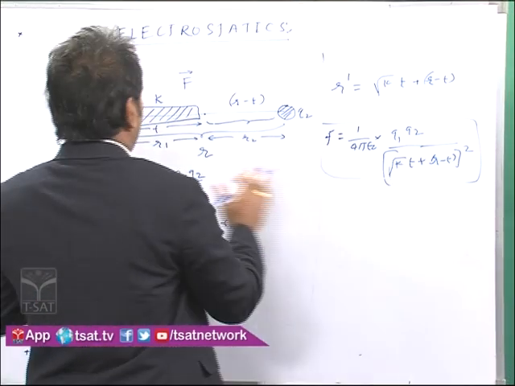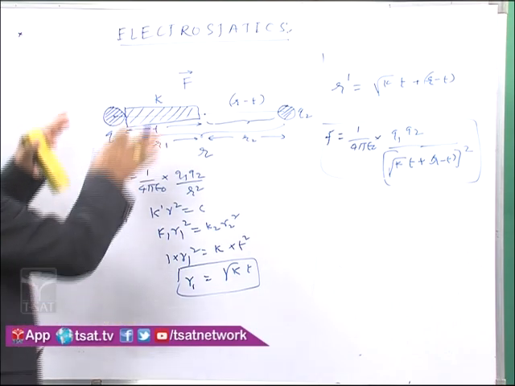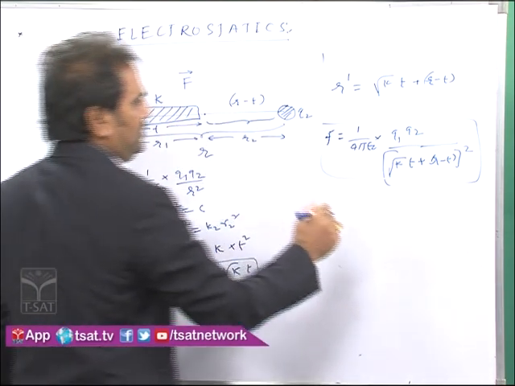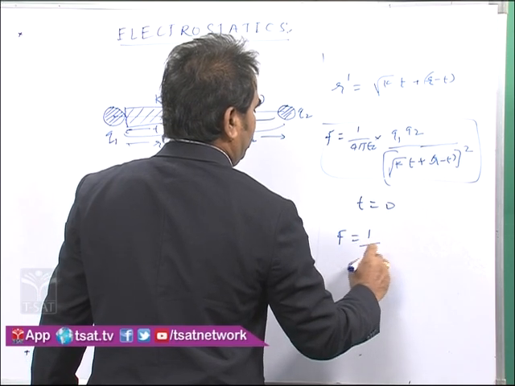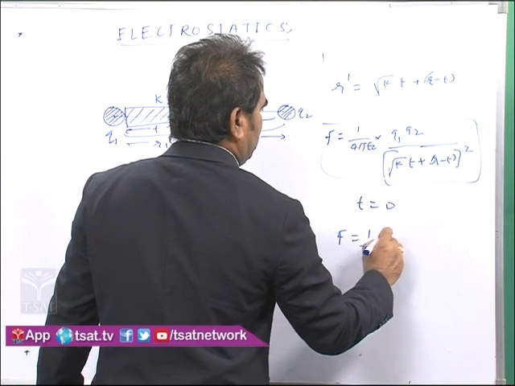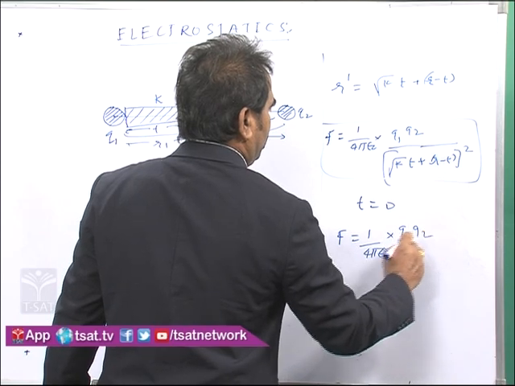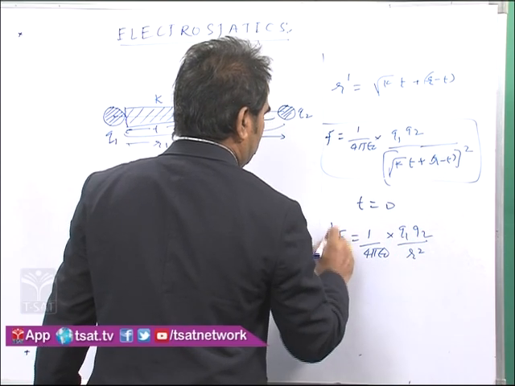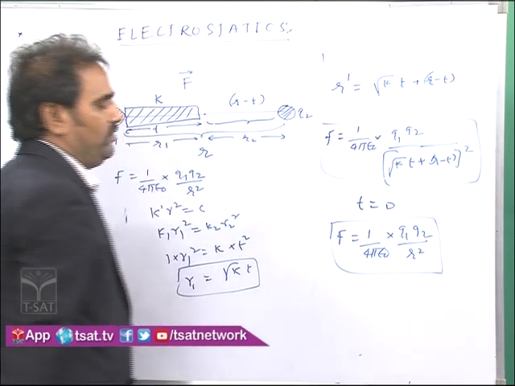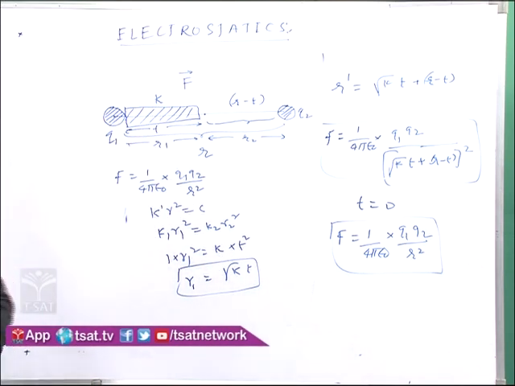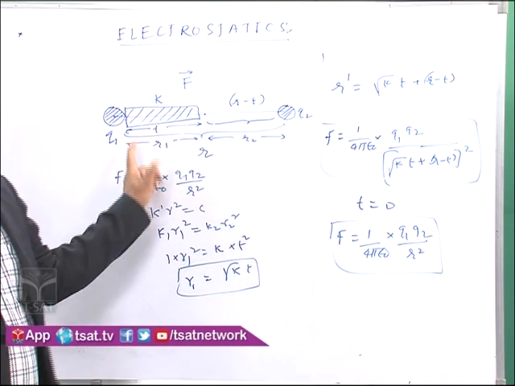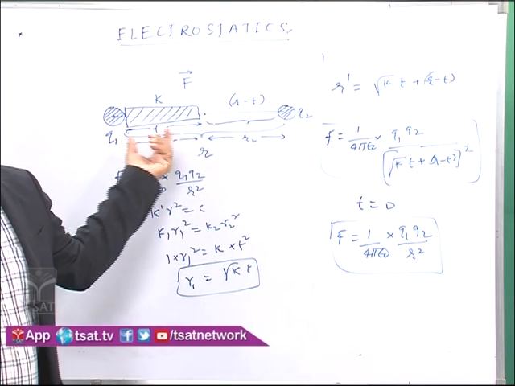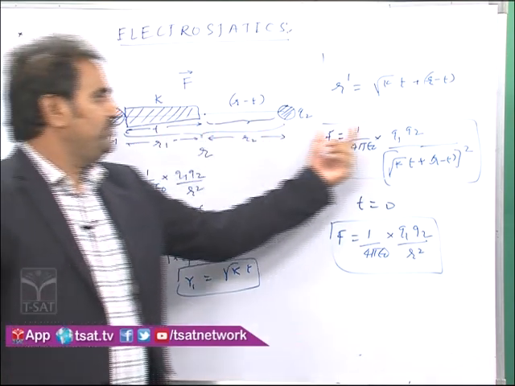When T is equal to 0, that means when the dielectric has been removed from between the two charges, F is equal to 1 by 4 pi epsilon naught into Q1 Q2 upon R square. This is similar to the force exerted in free space. That means when a dielectric of constant K and thickness T is introduced between the charges, the force decreases.